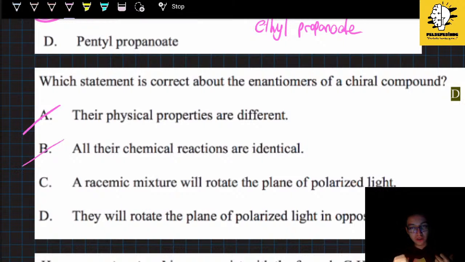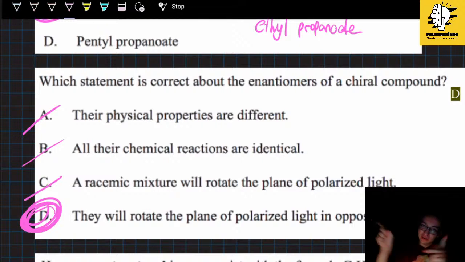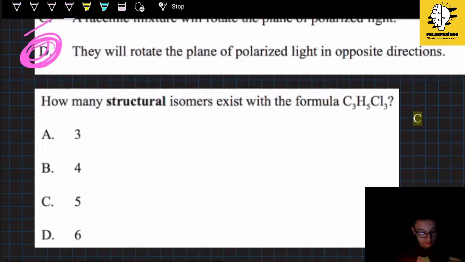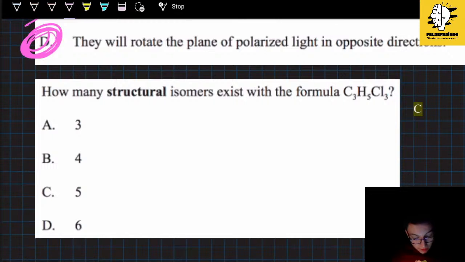A racemic mixture will definitely rotate the plane of polarized light, but in opposite directions. We talked about this before. One goes this way, another one goes this way, because they have different polarization properties. So, again, maybe you can go for it, right?